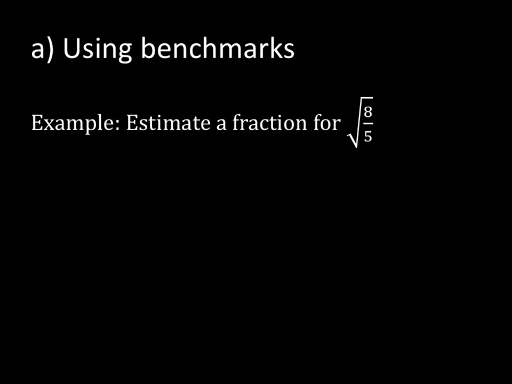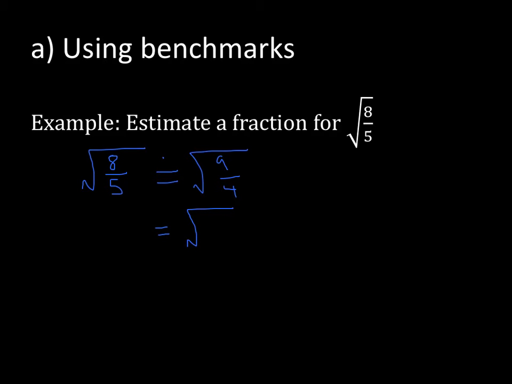First one, estimating the square root of 8/5. One strategy that works for using benchmarks is to determine a fraction close by that is easy to calculate. So the square root of 8/5 is approximately equal to the square root of 9/4. Why did I use 9/4? Well, the square root of 9/4 is very easy to calculate.